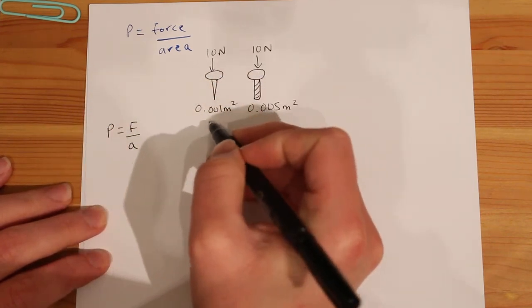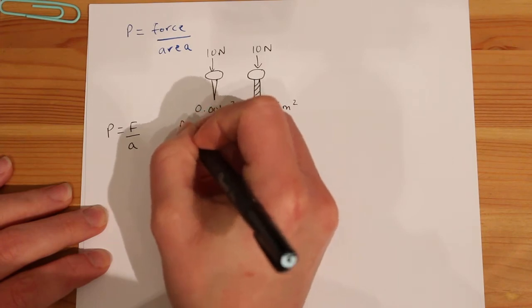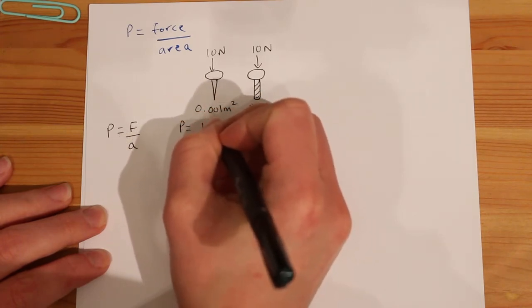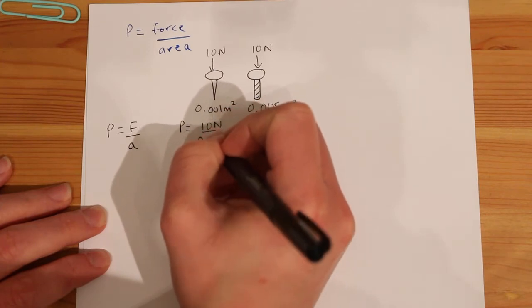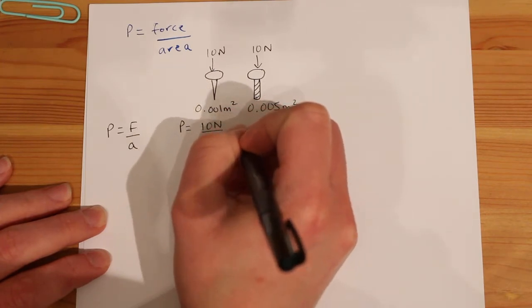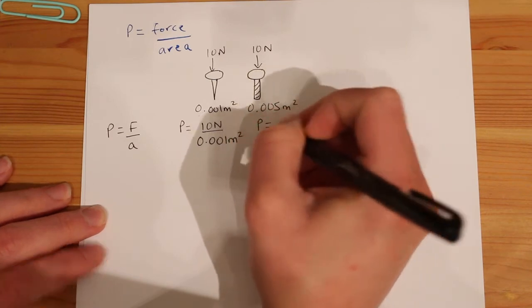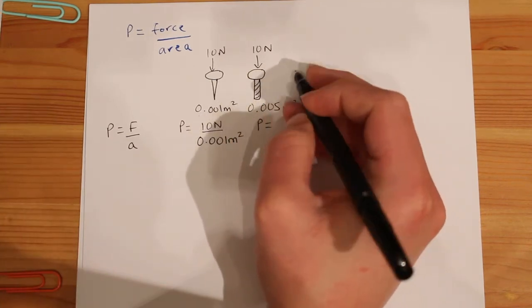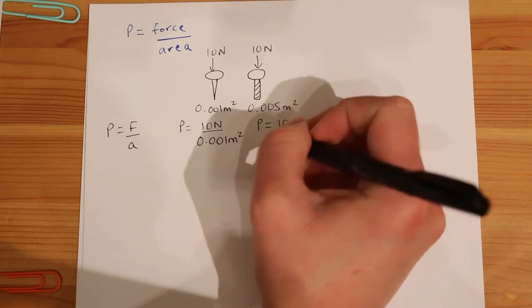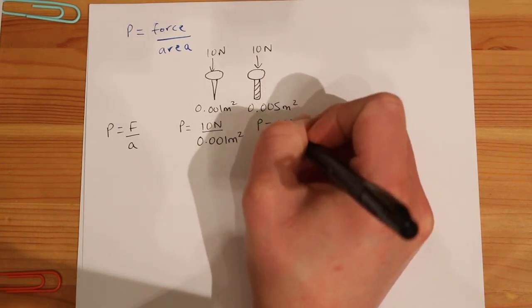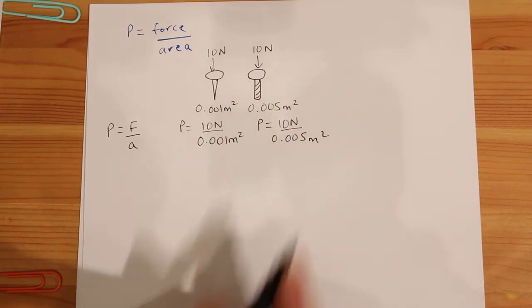For this nail, the pressure would be 10 newtons divided by 0.001 meters squared. And for the screw, it would be the same force, 10 newtons, being applied over 0.005 meters squared.